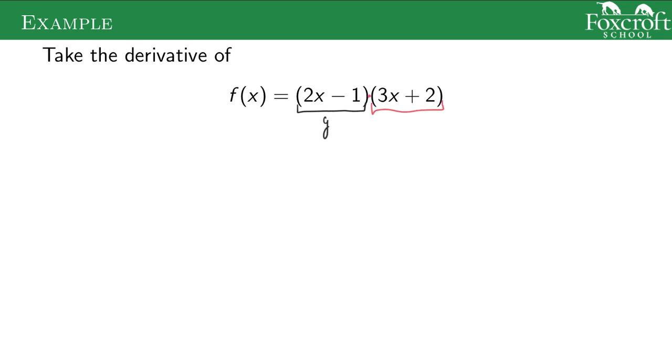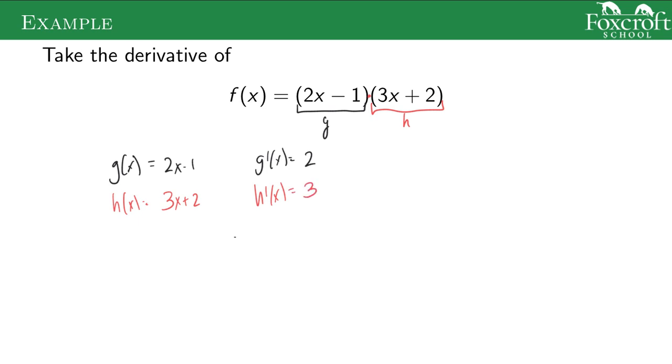Let's call this one g and this one h. I can't call it f and g because f is our actual overall function. But we have g of x is 2x minus 1, which means g prime of x is just 2. h of x is 3x plus 2, which means h prime of x is just 3.